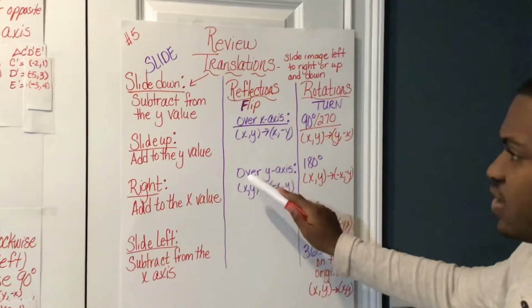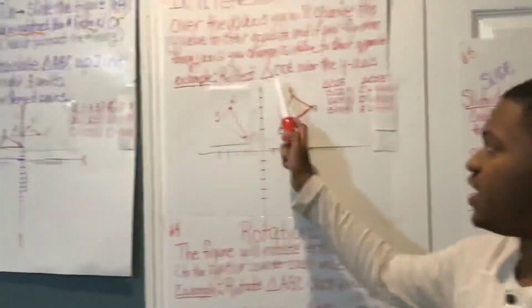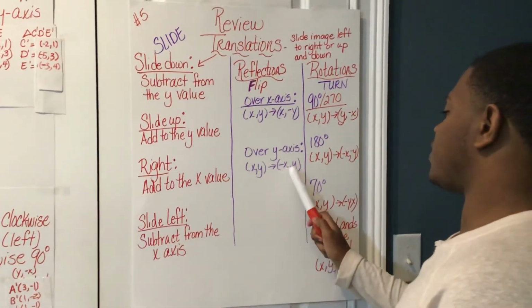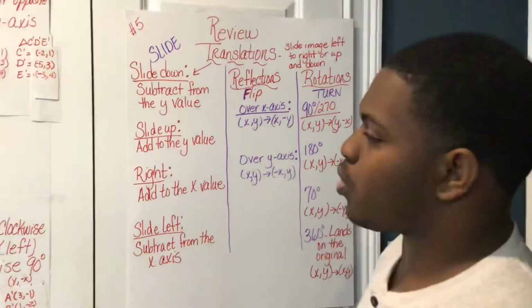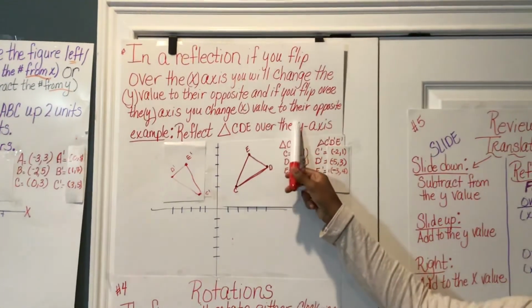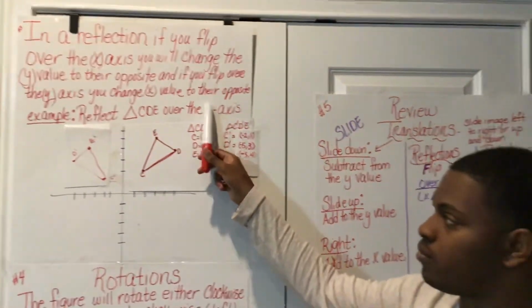Over the y-axis, which is what we already did in our previous example, you'll be going from xy to negative x comma y. Remember, focus on what the question asks. Always. Don't assume.